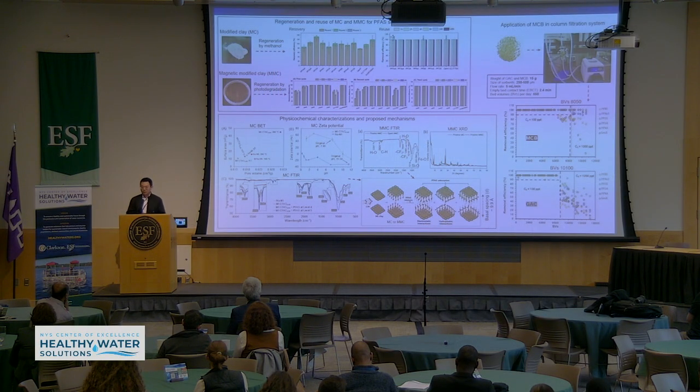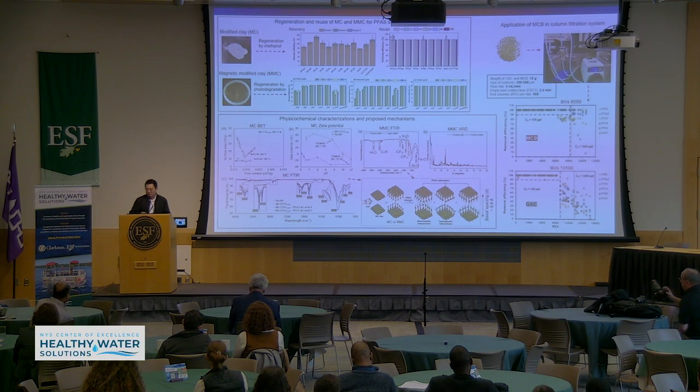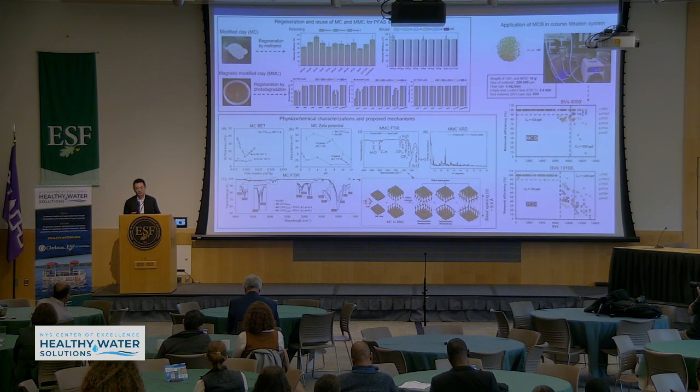And for the practical application in flow-through systems, we tested MCB against granular activated carbon in flow-through systems in drinking water spiked with 6 regulated PFAS. So while MCB showed slightly lower breakthrough volume than the widely used commercial GAC, it shows much better sorption performance at a higher concentration of 1,000 ppt.